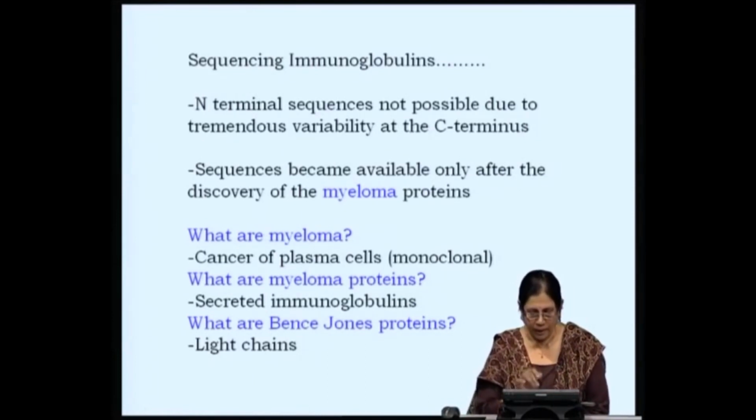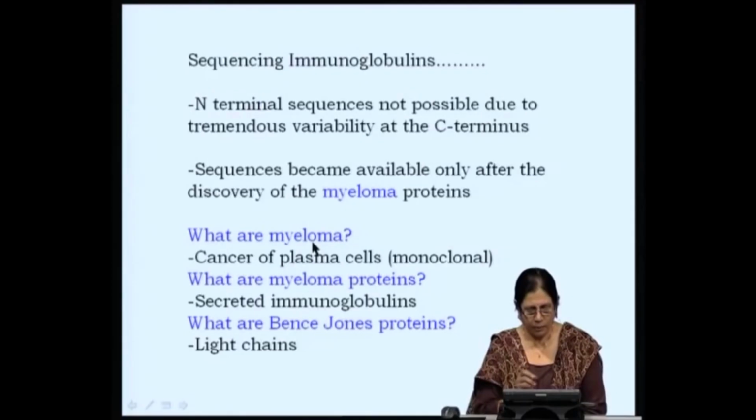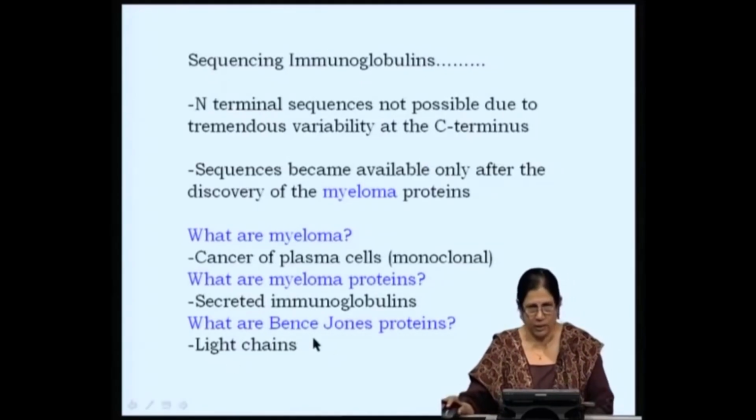Myeloma patients secrete in their circulation not only myeloma protein, that is the whole molecule immunoglobulin, but some of them also express large amounts of the light chains, and those were called Bence-Jones proteins, until finally they realized whether it is a whole molecule myeloma or Bence-Jones light chains alone.